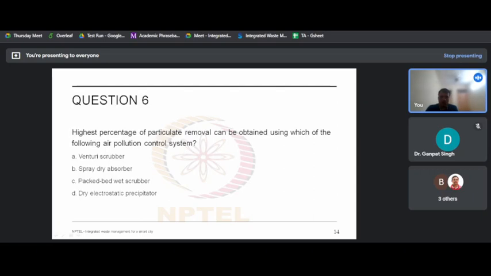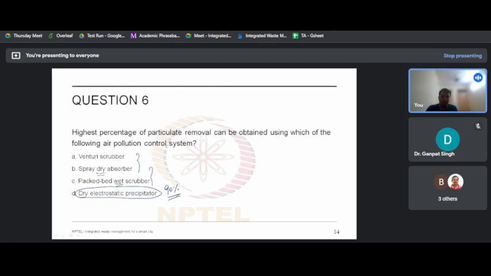When we talk about air pollution control systems, one of the highly rated and highly efficient systems is the dry electrostatic precipitator, because it is able to attain a high efficiency, higher than 90% in some cases. Compared to this, Venturi scrubbers or absorber scrubbers can be dry and wet both, as mentioned in option B and option C.